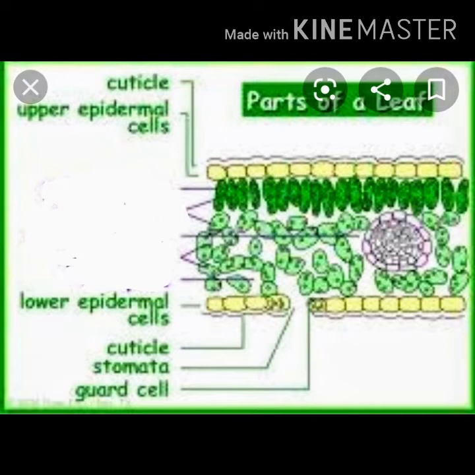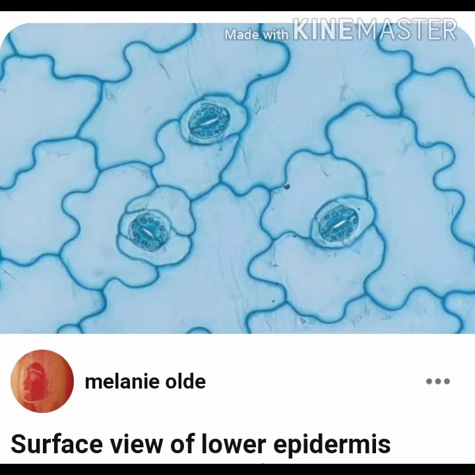Do you know the name of that opening? That is called stomata. We studied stomata in lower classes. When we look at the epidermis very closely through a simple microscope, we can see small hair-like growths over the epidermis.